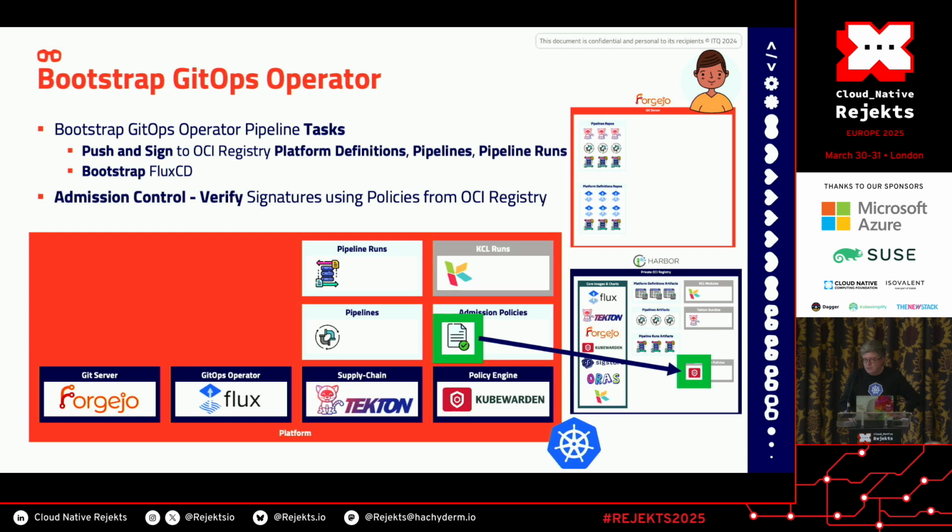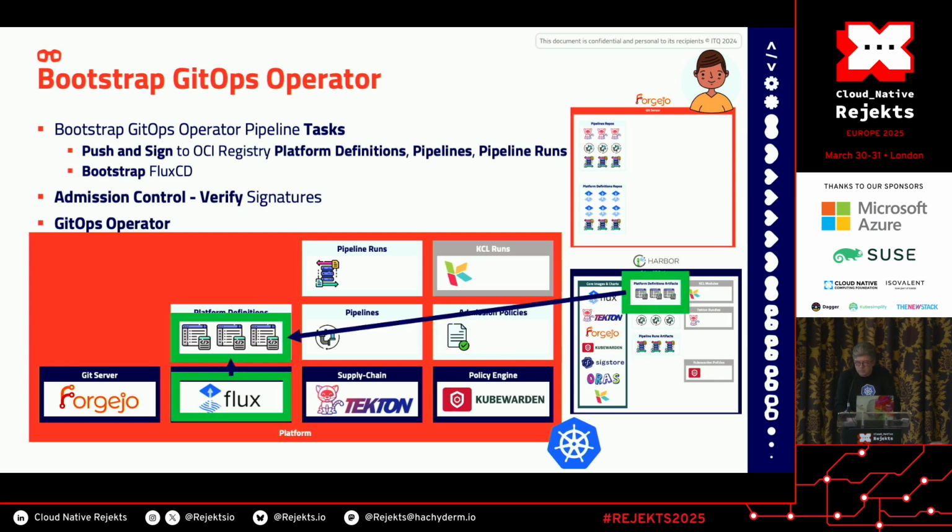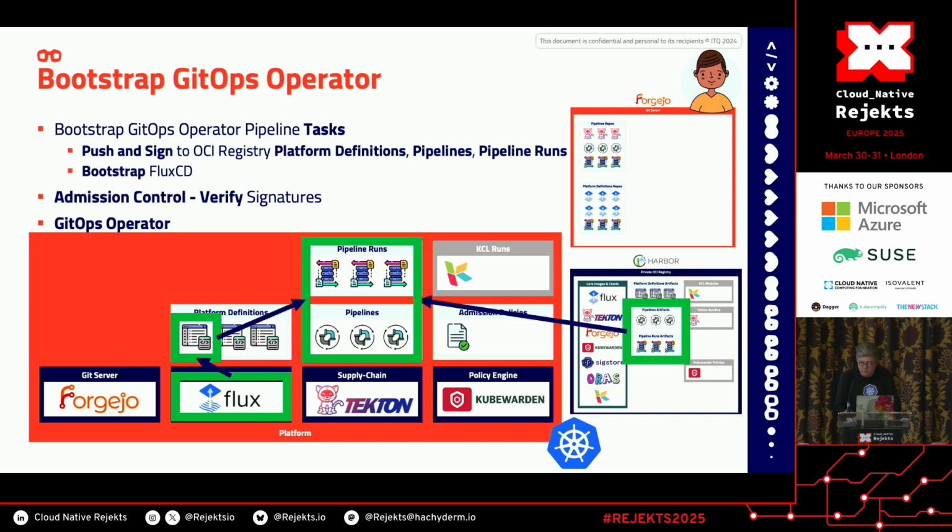This policy says not to use any content that comes from something other than the Harbor registry, and to verify the signatures of every artifact that will be deployed into the platform. Let's assume that the verification is OK. So the GitOps operator will deploy, by fetching the content from the OCI registry, all the platform definition and all the environments that the user will consume later.